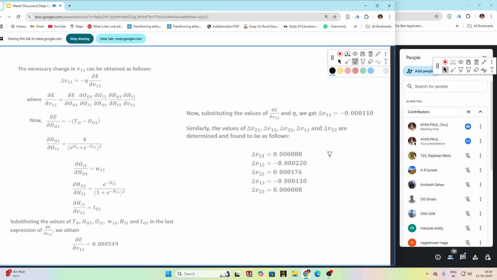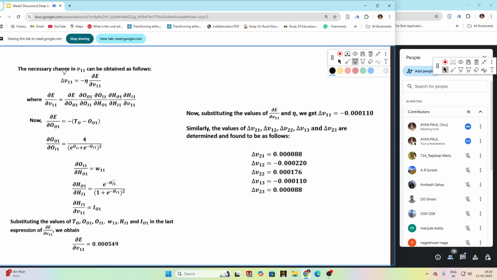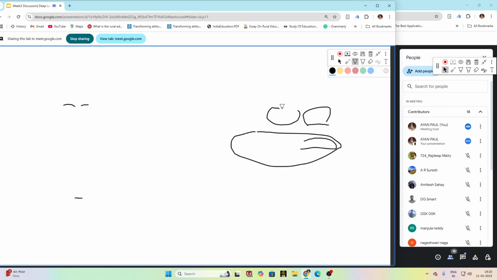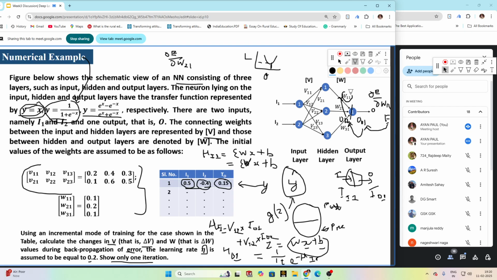Okay, so now we have to calculate delta V11 and whatever the V's we have. W we have calculated: delta W11, delta W21, delta W31 we have calculated. Now we have to calculate these delta V's, delta E by delta V. So how can we calculate del E by del V11?